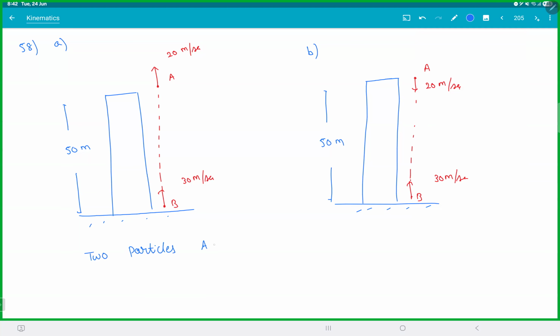So two particles A and B are projected along the same vertical line. So case one, they're projected in the same direction, both are up. In the second case, both are projected in the opposite direction.